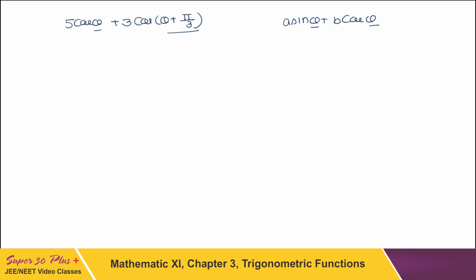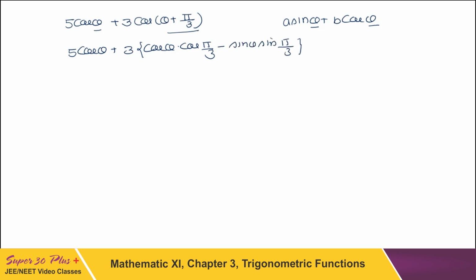That's why we cannot apply the same formula. First of all, we have to convert this expression into a sin theta plus b cos theta form. For that, we have to apply the formula of cos(A plus B) here. After applying the formula, it is 5 cos theta plus 3 (cos A cos B minus sin A sin B).